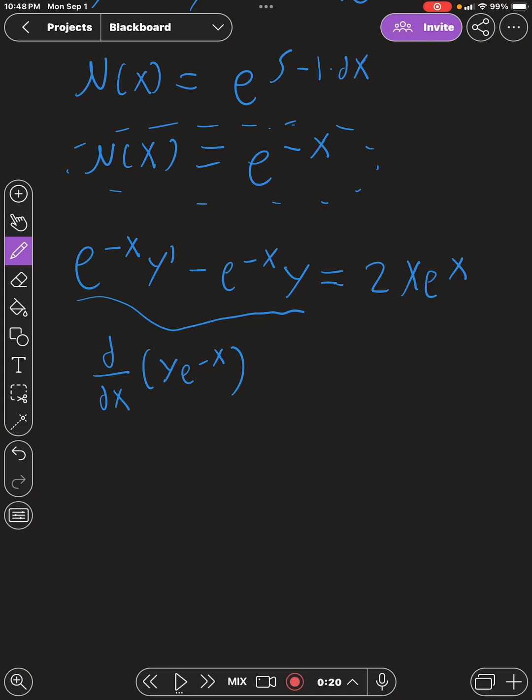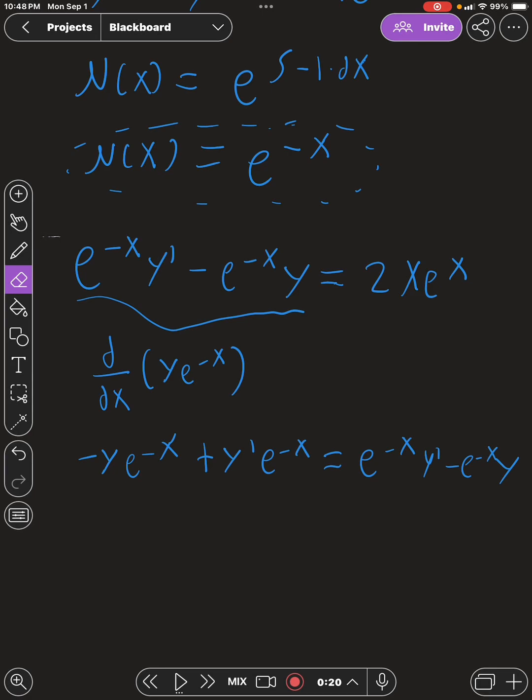The derivative of y e to the negative x is, well, it's going to be y e to the negative x times -1, plus y prime e to the negative x. And we can rewrite this as e to the negative x y prime minus e to the negative x y.